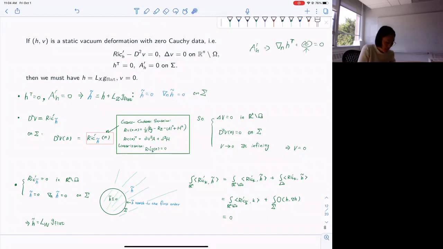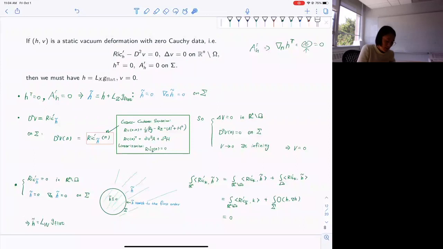Okay, so the first step is, starting from this Cauchy boundary condition, we choose a gauge. So we add to H a trivial element, the derivative of g with respect to some properly chosen vector field Z, so that this new tensor H tilde has vanishing Dirichlet data and vanishing Neumann data on the boundary.